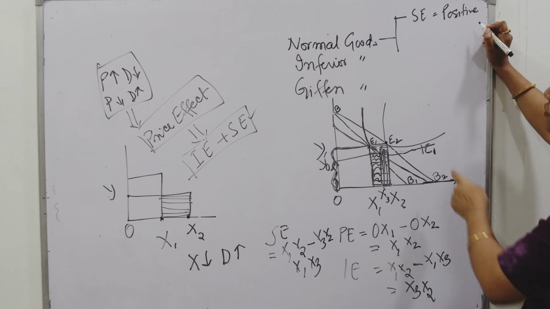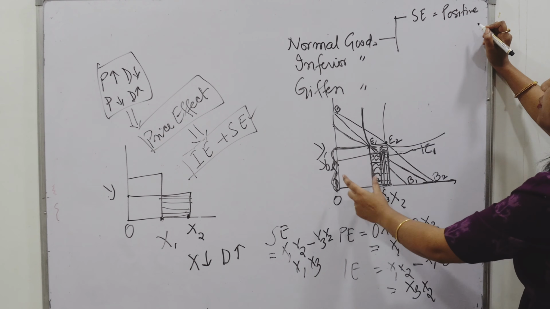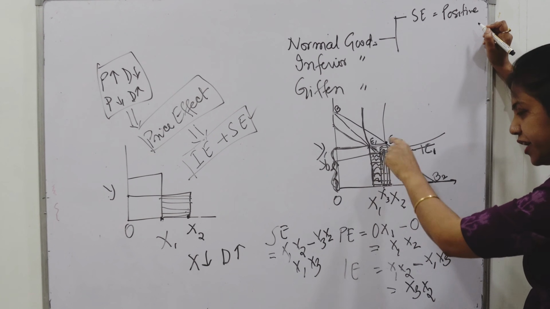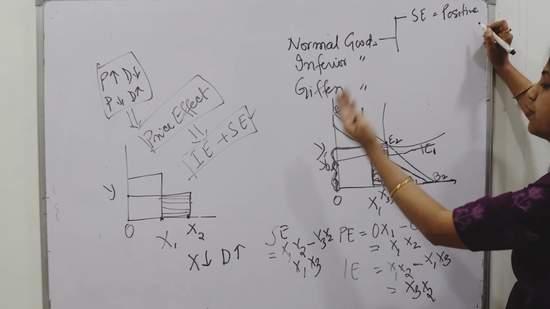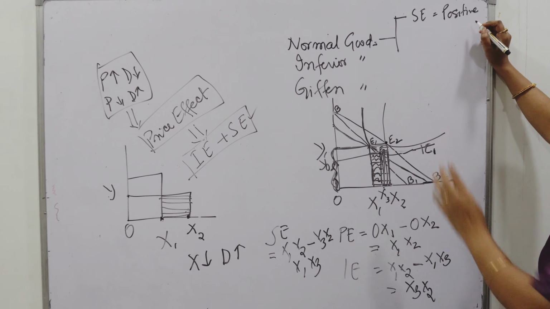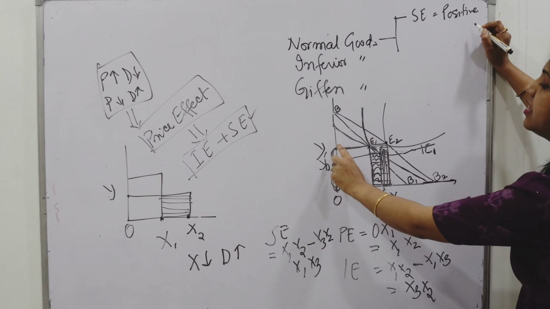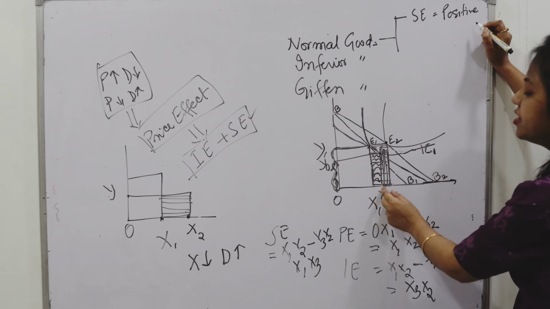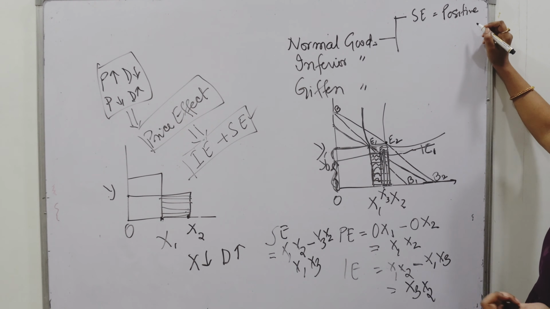So the substitution effect is positive, because when the price is dropping for X, I will switch over from Y to X. As you can see, we have reduced Y and we have increased X. So this is a positive thing.